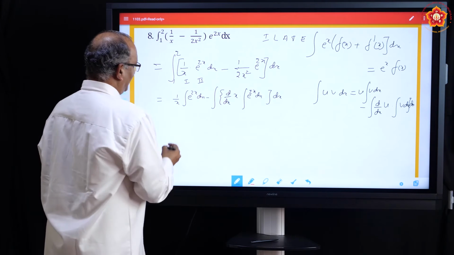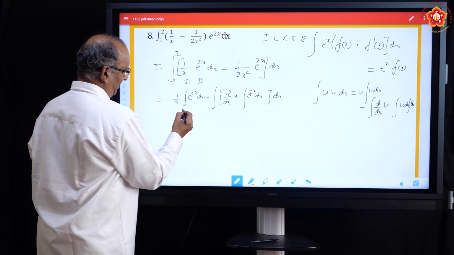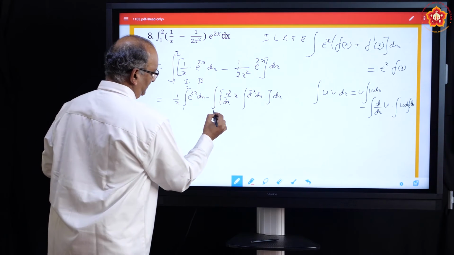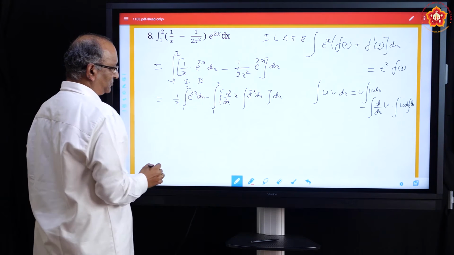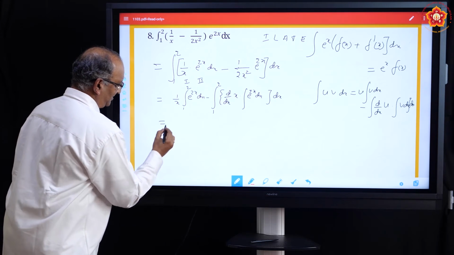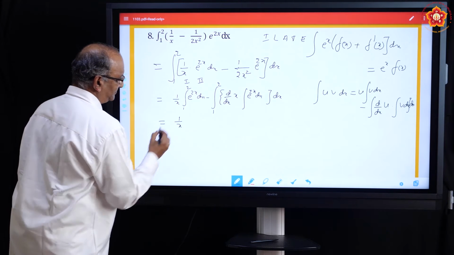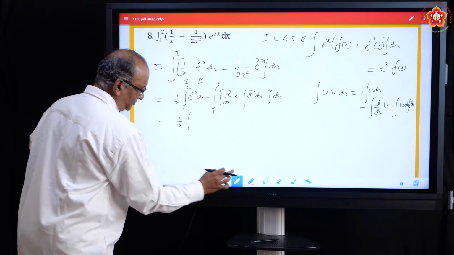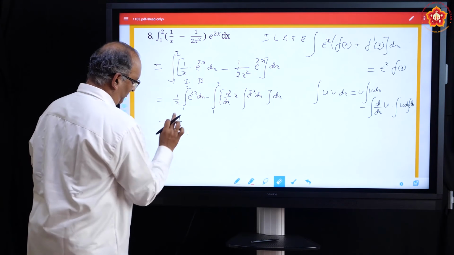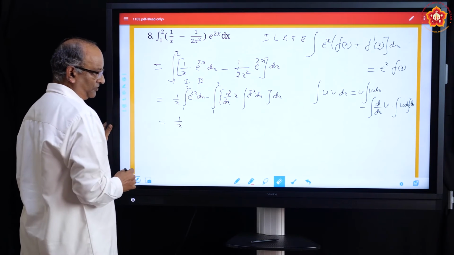So use that and keep writing this 1 to 2, but we will substitute limits only in the end. So this is 1 by x integral of, now do the integral. What is the integral of e to the power 2x?